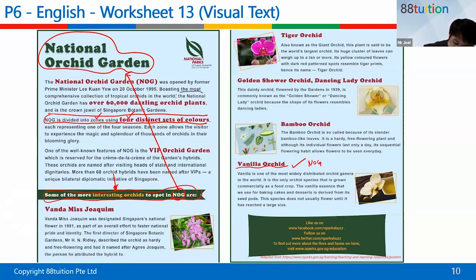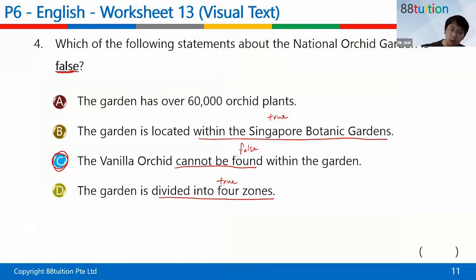It says the National Orchid Garden has over 60,000 dazzling orchid plants and is the crown jewel of the Singapore Botanic Gardens. Crown jewel means it is the proudest, the most interesting, the most magnificent part of Singapore Botanic Gardens. But this actually tells us that it is part of the Singapore Botanic Gardens, and therefore B is actually true as well.